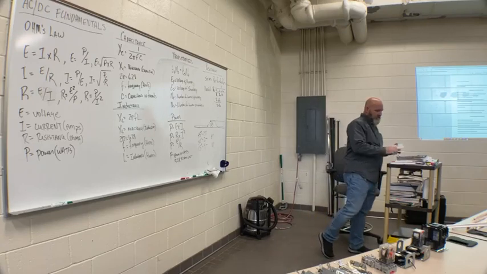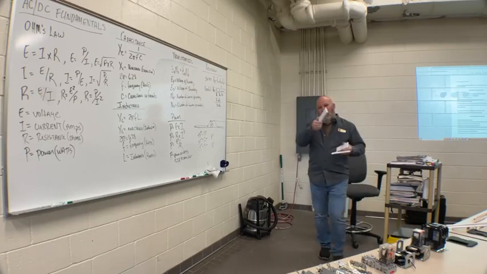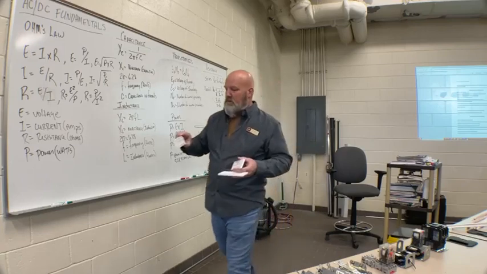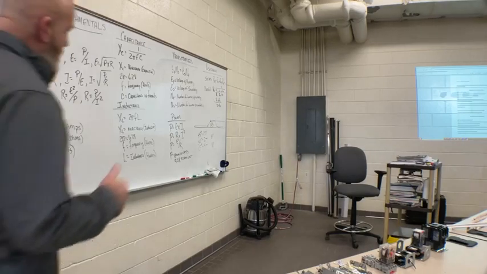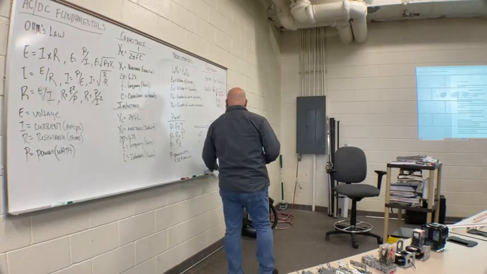So this is a typical lab. We have a calculated resistance, and then we have a measured resistance. Resistors, they can't write the number on the resistor.